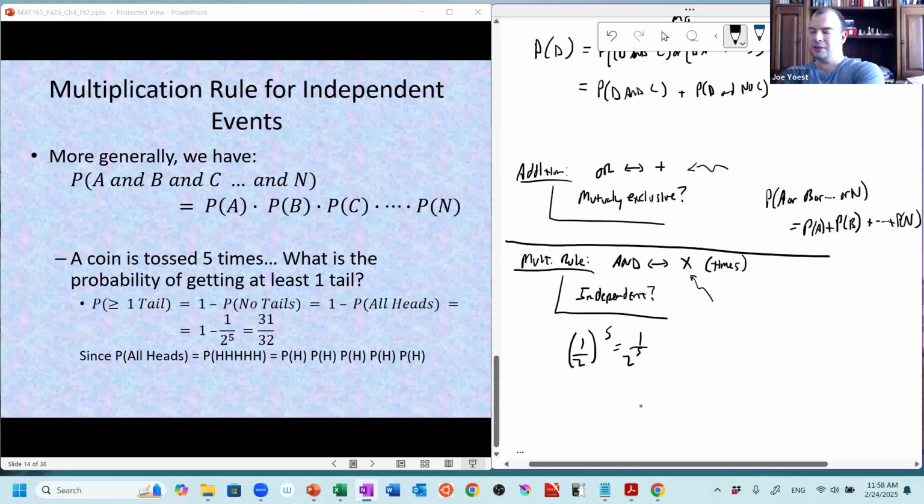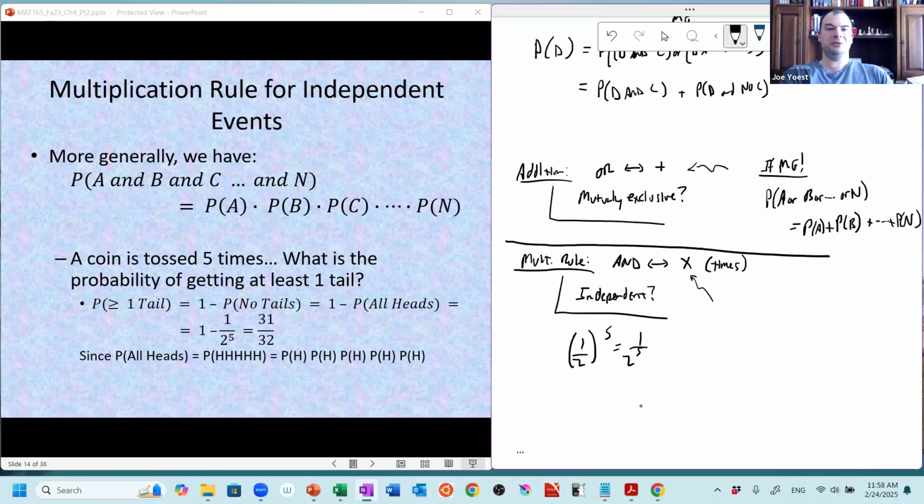So I have a similar scenario for the addition rule as well. But again, that's only if they are mutually exclusive between all of the events, between every pairing of events. So A and B, no outcomes in common. A and C, no outcomes in common. B and C, no outcomes in common, for every pairing of events.